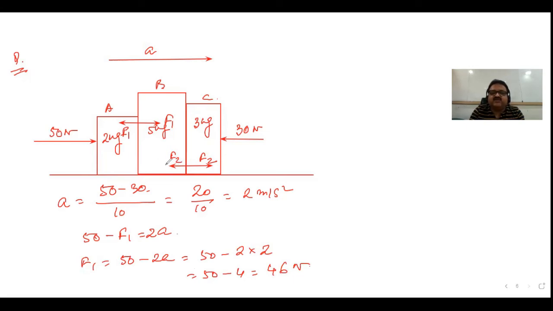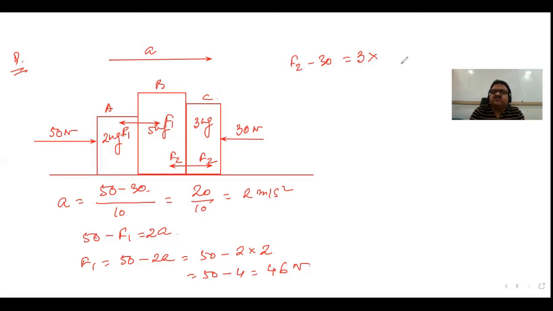Now we can find F2 either from body B or from body C. So let me apply it to body C, because 30 Newton is already known and acceleration is also known, correct? So look at the technique. F2 is acting on it towards right and 30 Newton towards left. So let's write the equation. F2 minus 30 is equal to mass into acceleration, 3 into A. What is A?